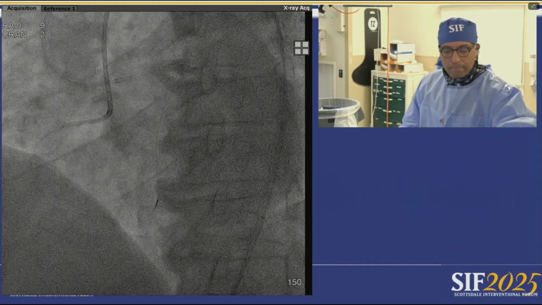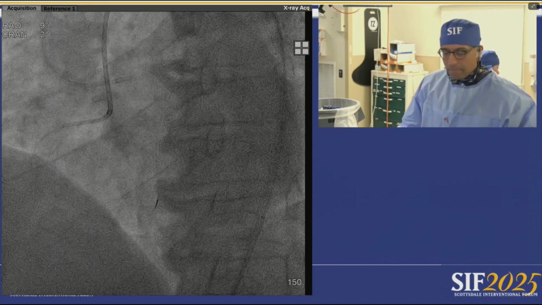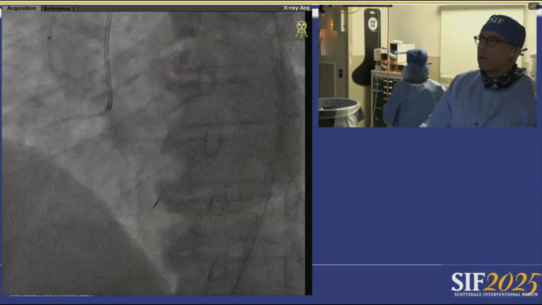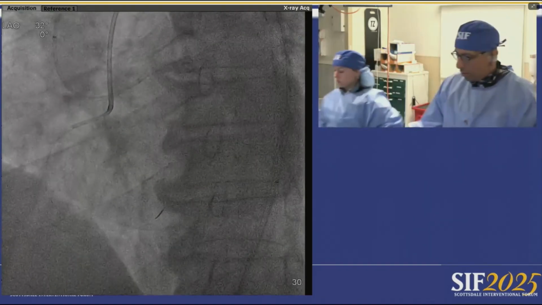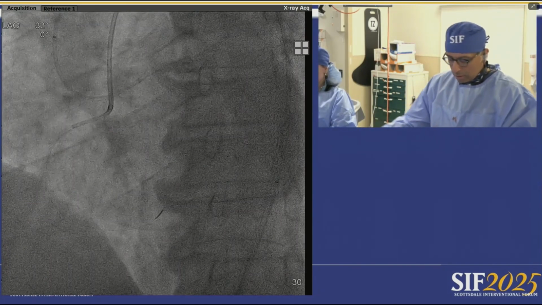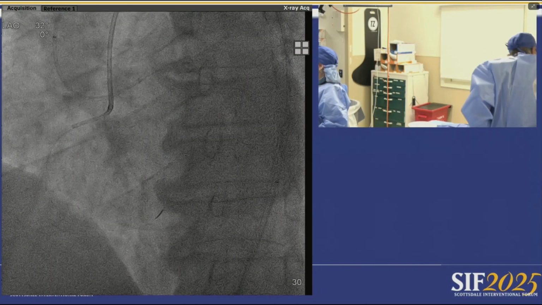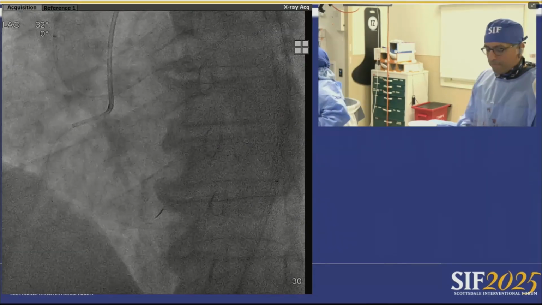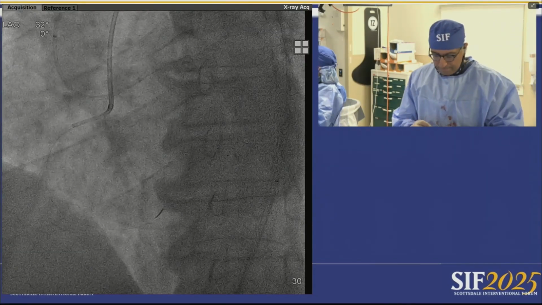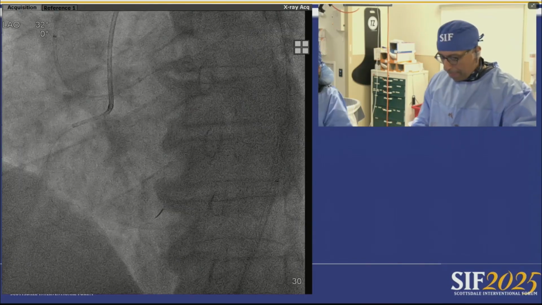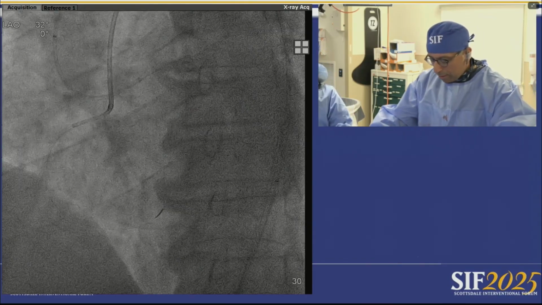But I think the issue here is, if you look at Bob Riley's calcium algorithm, we don't have greater than a 270 degree arc of calcium in any one spot, but we have a lot of difficulty passing gear, whether it's the IVUS catheter or an underinflated balloon. And so you're at this crux of, what do you do?